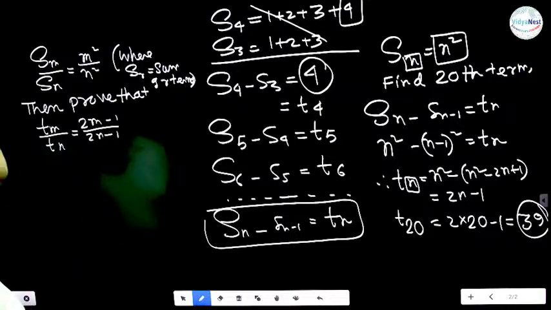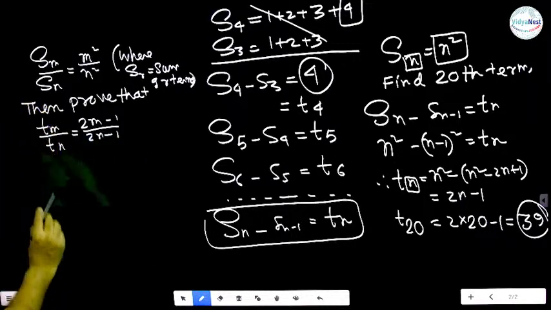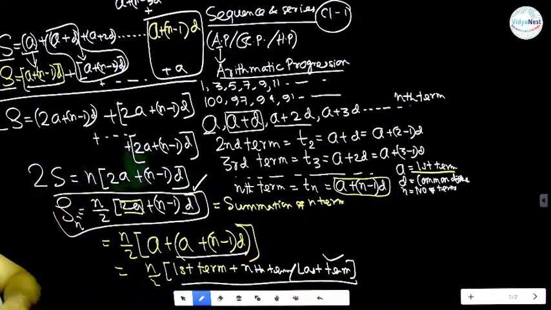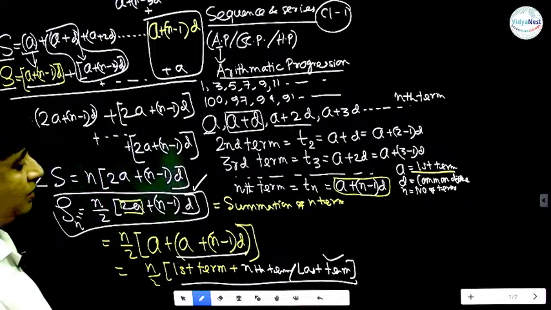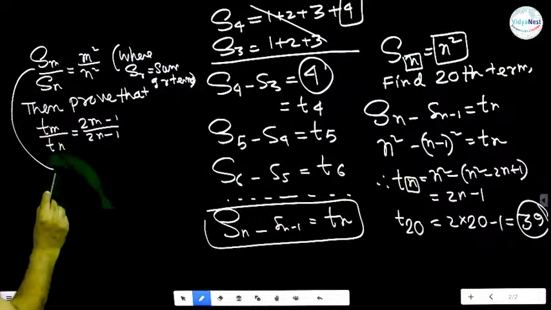With this type, students are quite familiar. See, Sm, its formula is known to us. We are taught this thing: n by 2, 2a plus n minus 1 into d. So apply that. That is given.